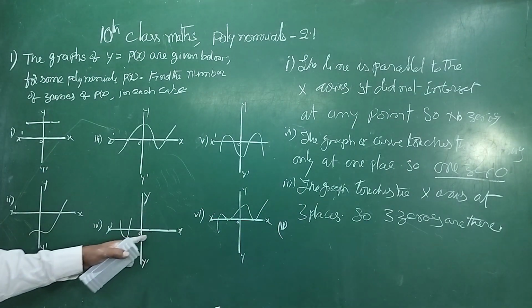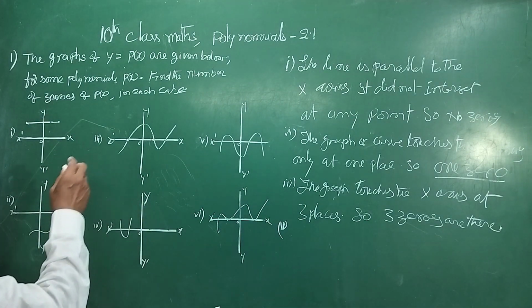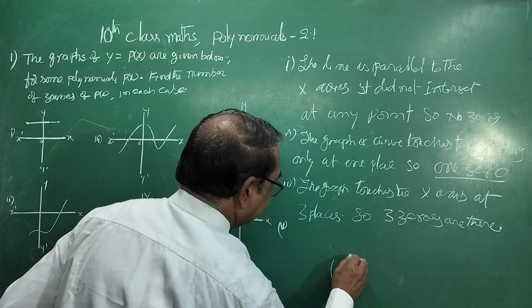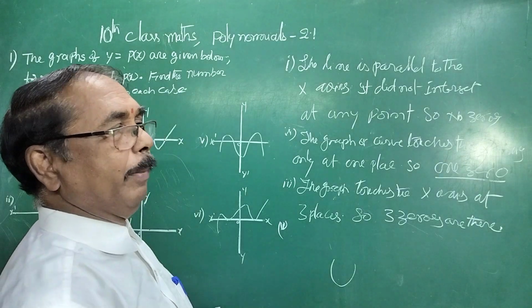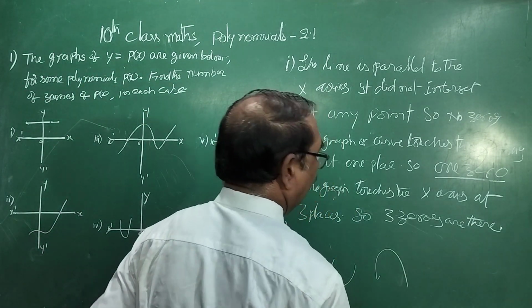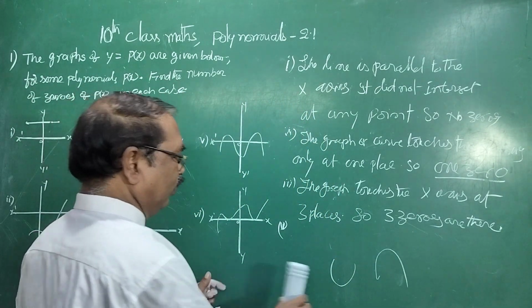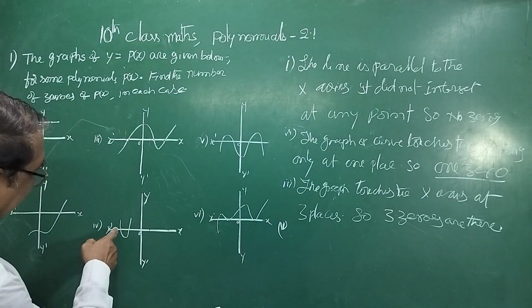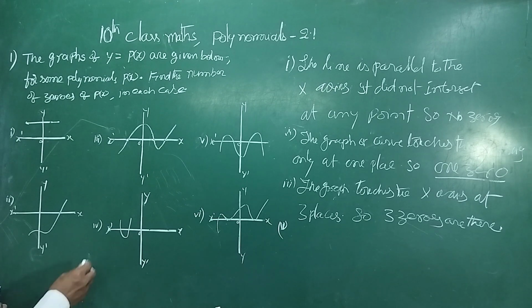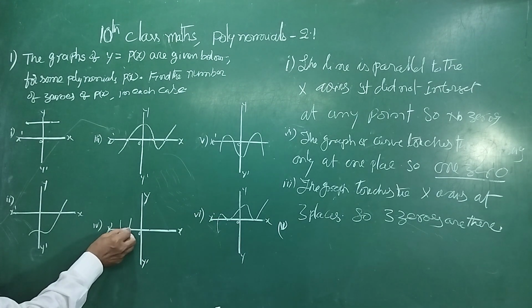Let us see the fourth one. How many zeros are there? You see the curve is a parabola. This parabola opens downwards. At how many places does it touch the x-axis? 1 place, 2 places.